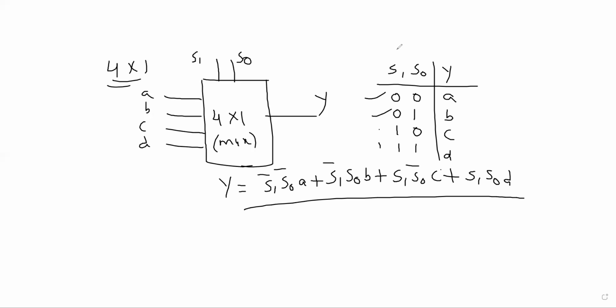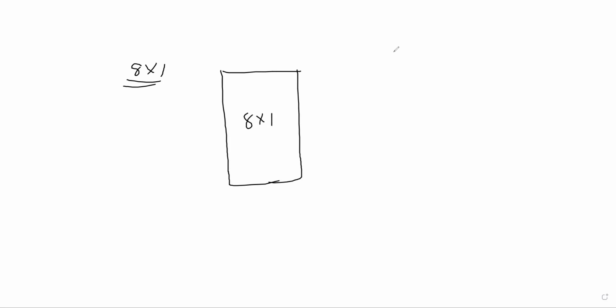Now further, if you want to realize an 8 by 1 multiplexer, how many inputs are required? 8 inputs are required. That means for an 8 by 1 multiplexer, let us consider the inputs 1, 2, 3, 4, 5, 6, 7, 8.